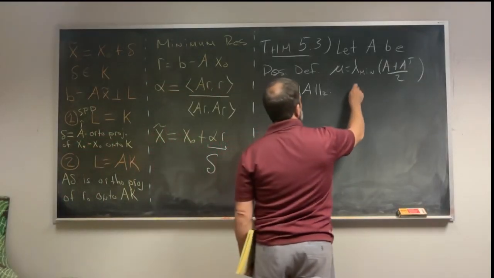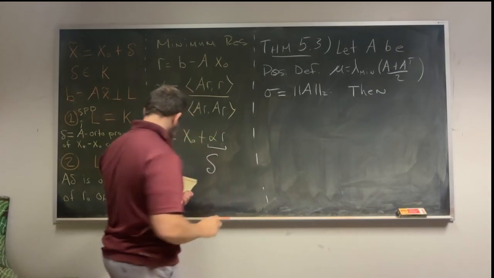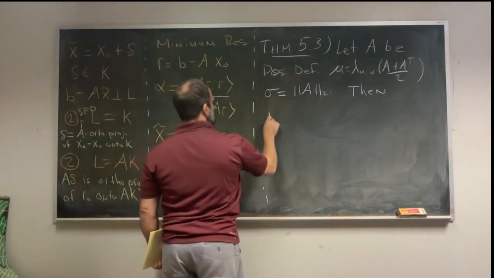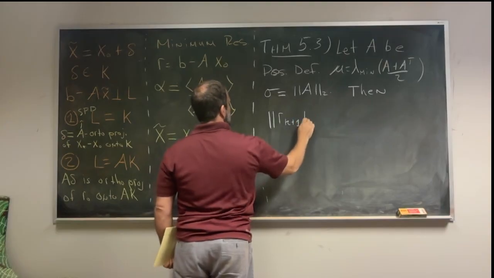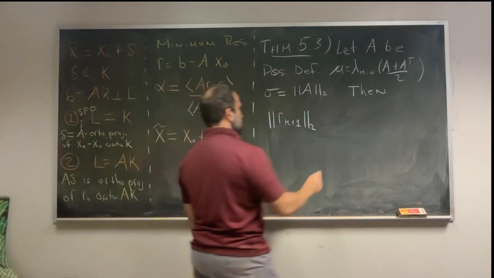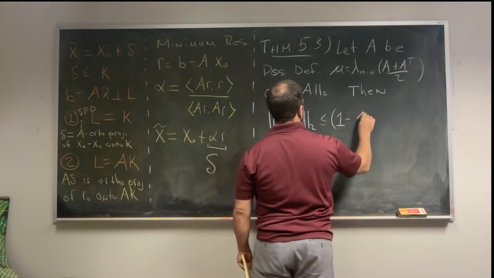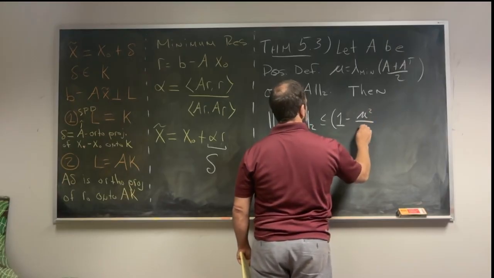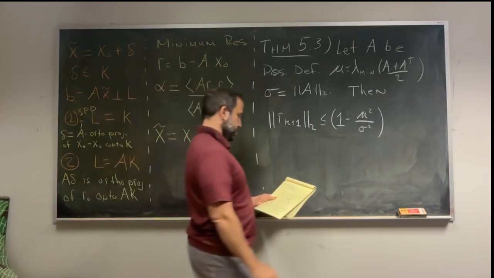Then we have the following. The residual in the k plus 1th step, measured in the 2 norm, is less than or equal to 1 minus mu squared divided by sigma squared, to the 1/2.